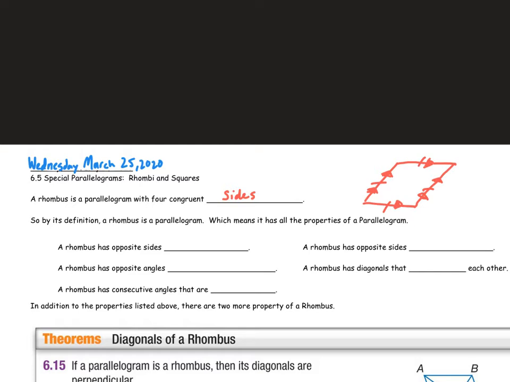By definition, we know that a rhombus is a parallelogram, which means it has all the properties of that parallelogram, much like a rectangle that we studied yesterday. A rhombus has opposite sides congruent. A rhombus has opposite sides parallel.